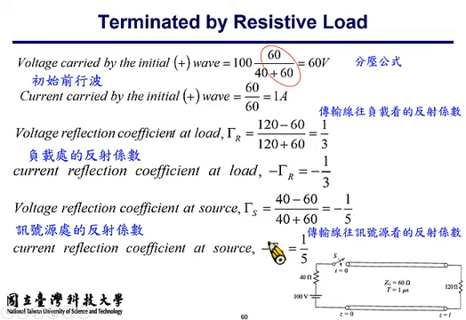So the V plus signal can be found as 60 volts, while the voltage source is 100 volts, right? And based on the characteristic impedance relationship, I plus equals V plus divided by Z sub 0, what is the current I plus? 1 amp, right? Because Z sub 0 is 60 ohm.